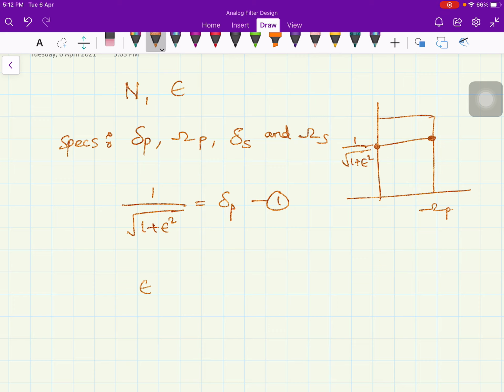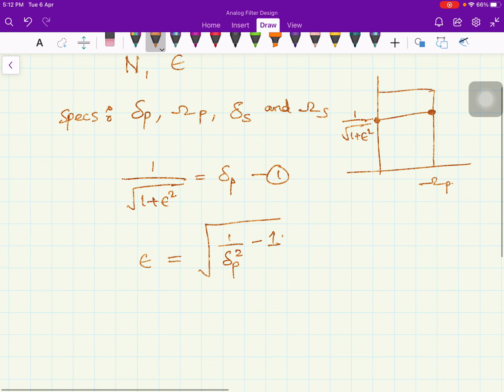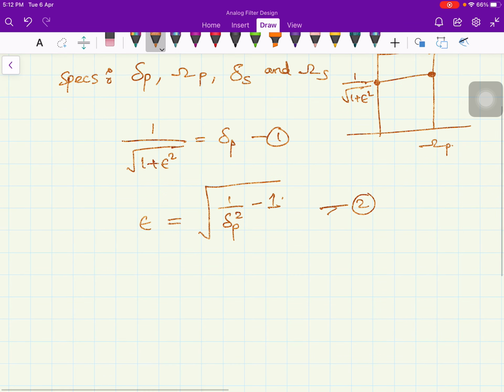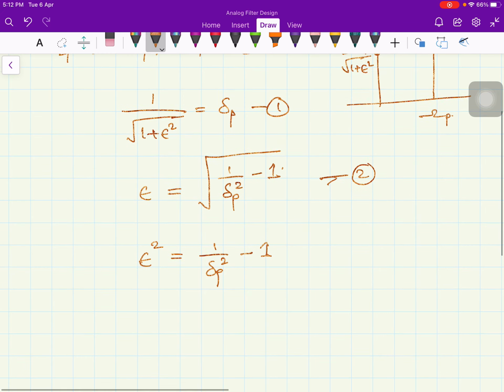Therefore, epsilon is equal to square root of 1 divided by delta p squared minus 1. Let me call this equation number 2. Square it on both sides and take the reciprocal: epsilon squared is equal to 1 by delta p squared minus 1.